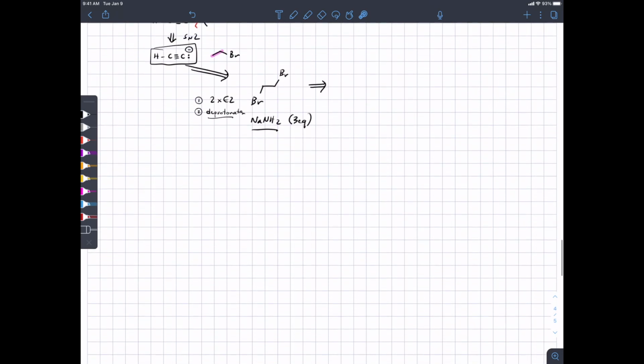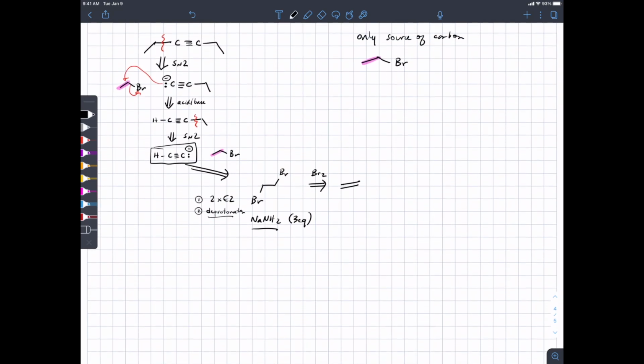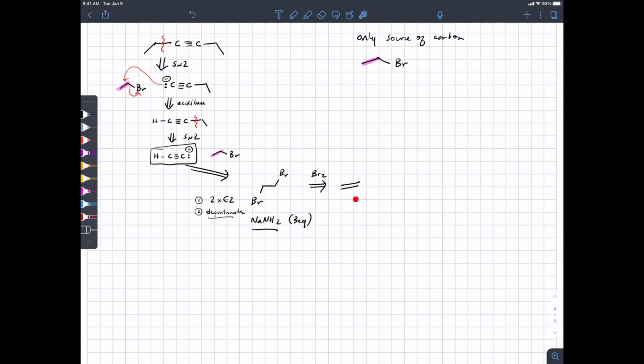What's my starting material for the vicinal dihalide? 2 double bond carbons and Br2. The alkene, yep, and Br2. Still not the starting material, but can I get this product from this starting material? What is that?